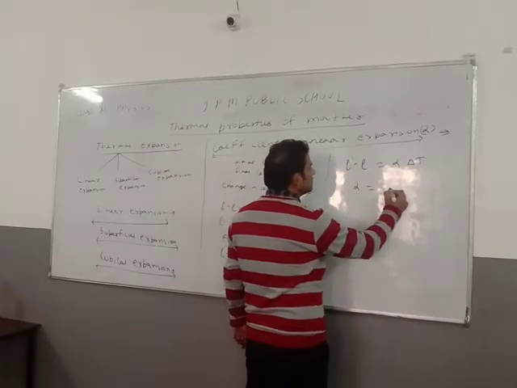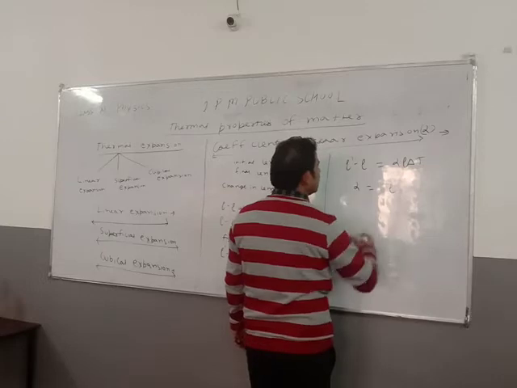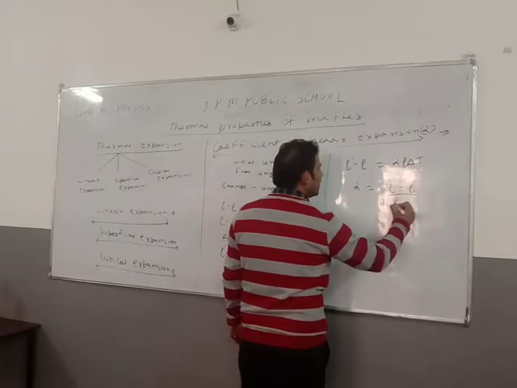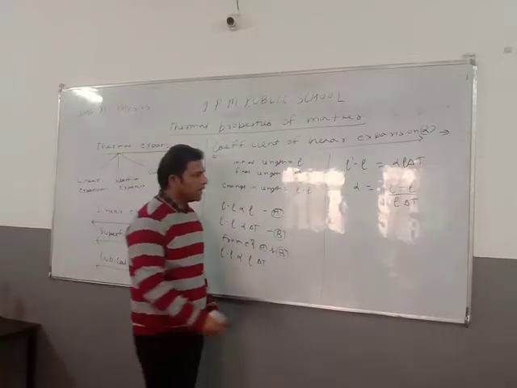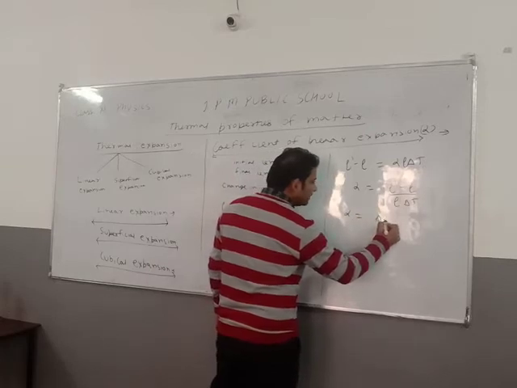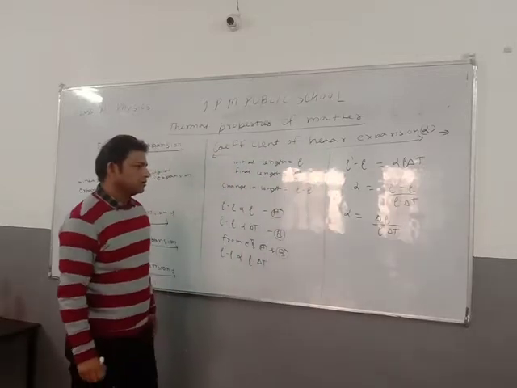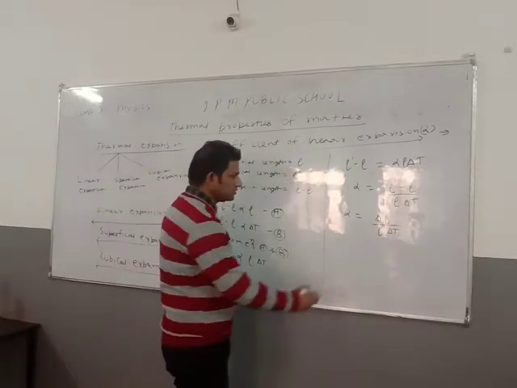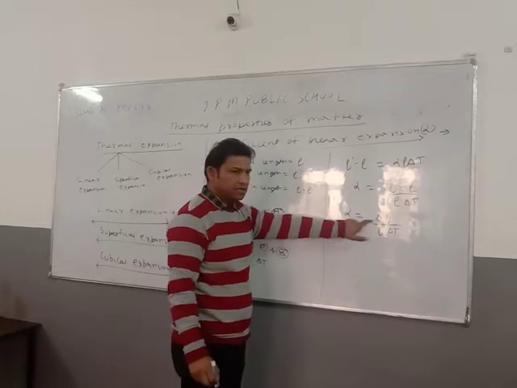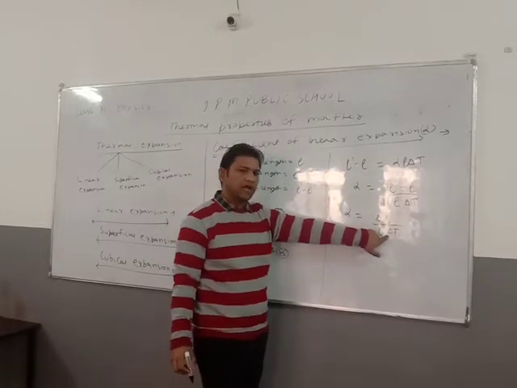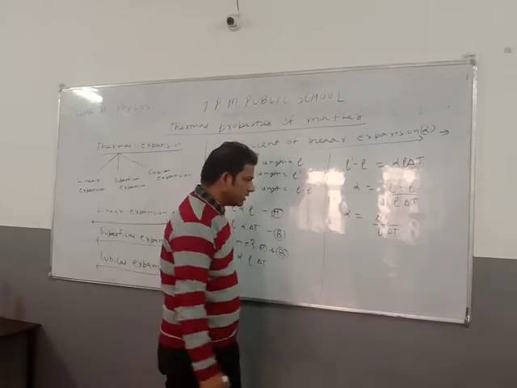Then alpha equals L dash minus L upon L delta T, so alpha equals delta L upon L delta T. So the coefficient of linear expansion is the ratio of change in length to original length if rise of temperature is 1 degree.